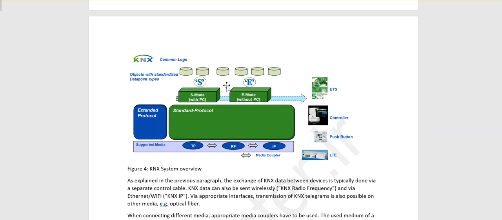So there is no need for any computer to configure the easy mode. But as I said, most of the devices are in S mode. Okay, some devices are in both S and easy mode. It's interesting. It means you can configure the device without using any computer. Of course, later you can use the computer and use the ETS application of the device and configure it.